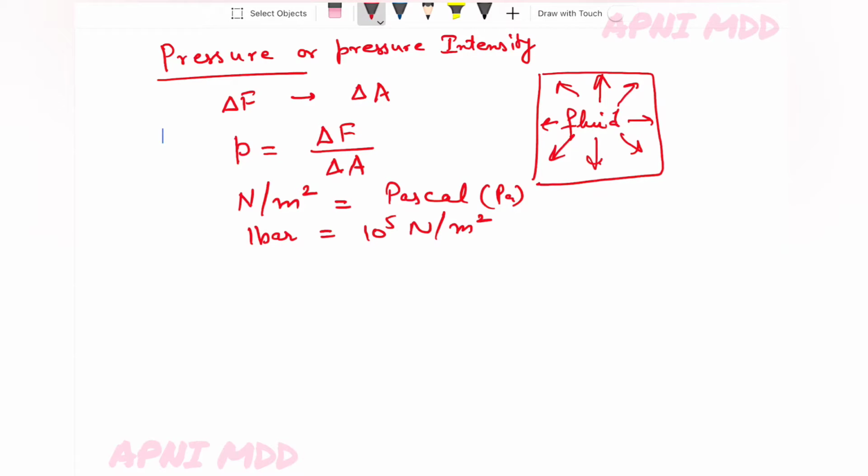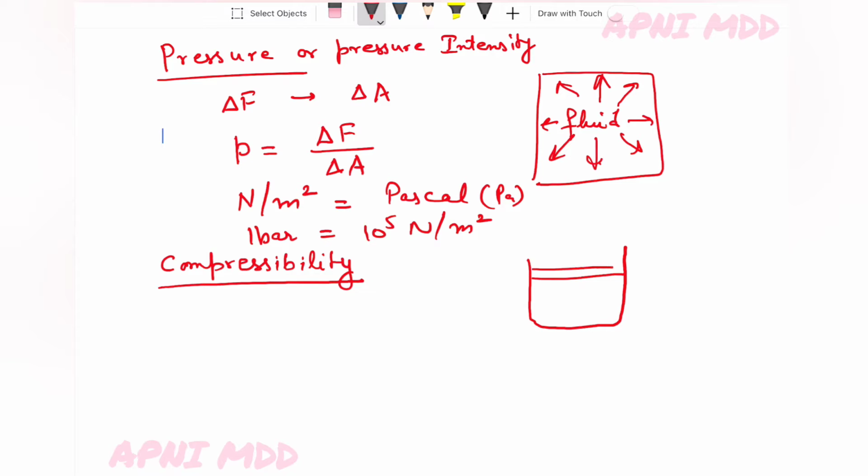Now the next property of fluid is compressibility. Now again say we have a piston cylinder arrangement. Okay, so here we have some fluid.